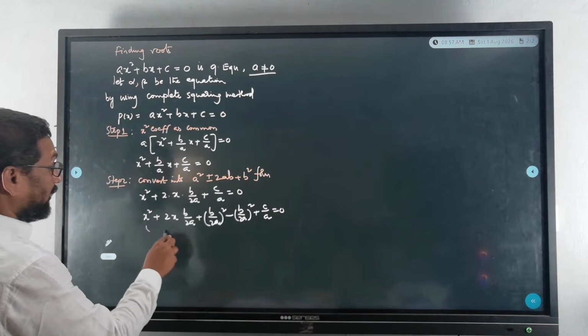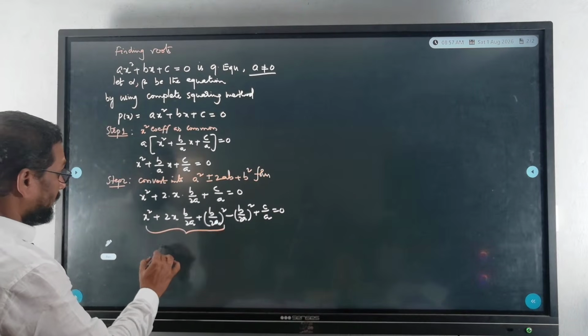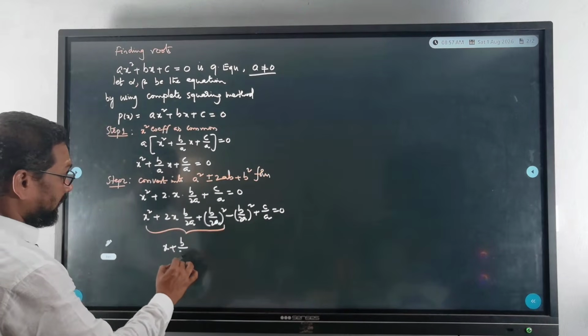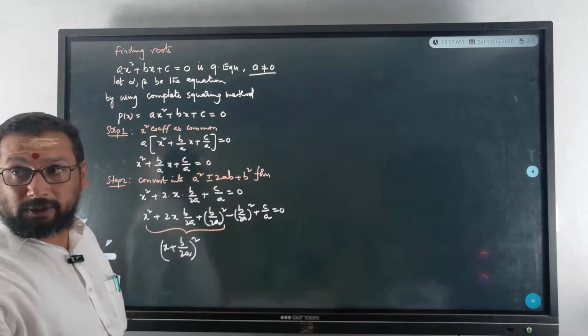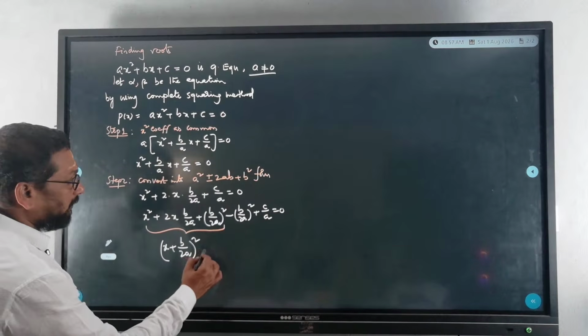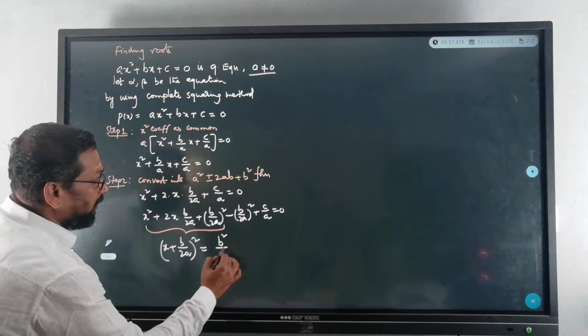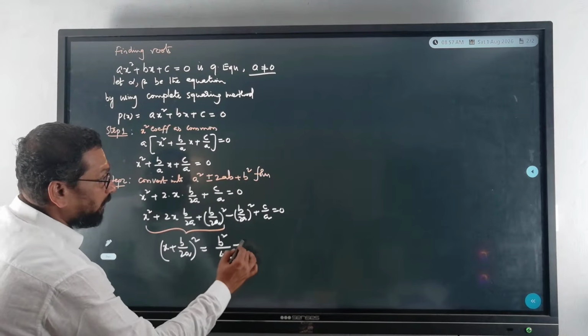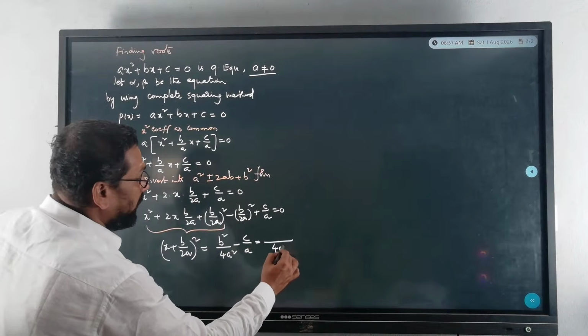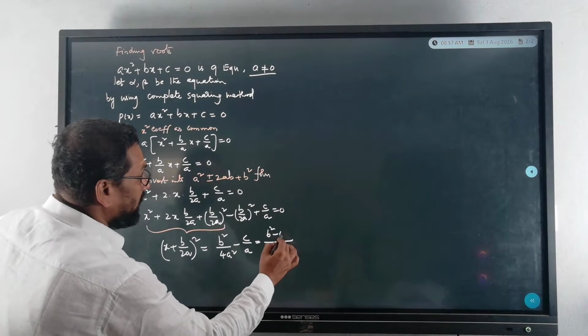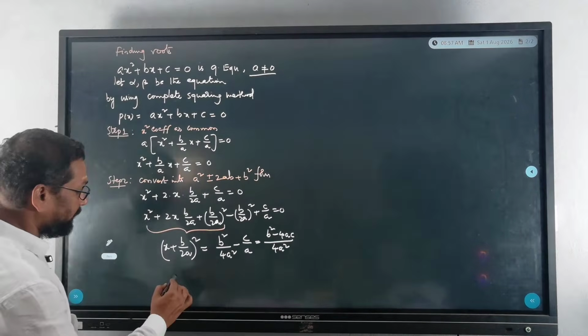So now this part is nothing but x plus b by 2a whole square. x plus b by 2a whole square is equal to b square by 4a square minus c by a. If you will take LCM here, 4a square, b square minus 4ac.